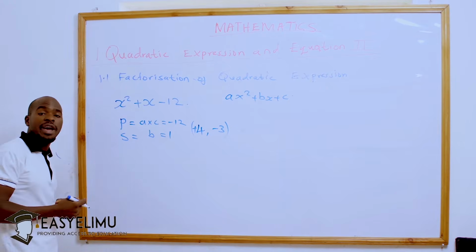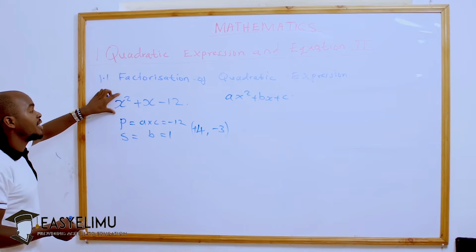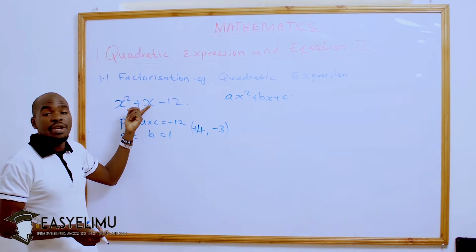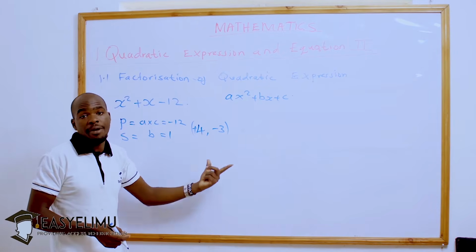Now we have identified the two numbers, and we are going to rewrite this equation with bx being replaced by the two numbers having the same variable x.